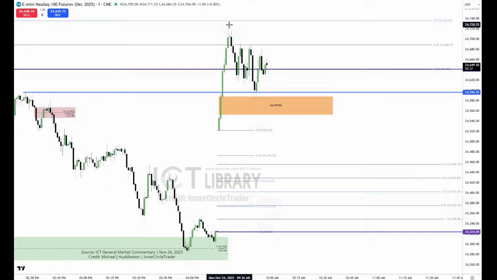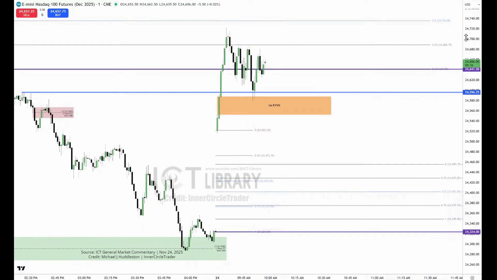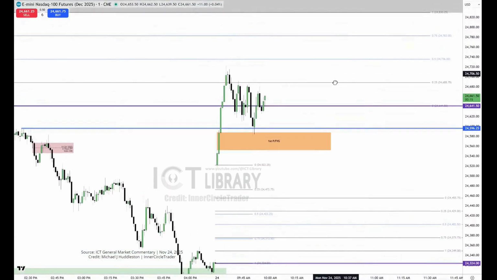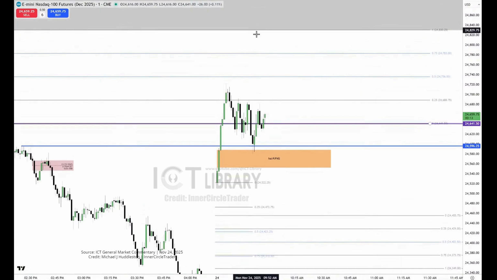And by having that reference point, what you'll be able to determine is which one does it run for next? What's the benefit of that? It helps you trade the silver bullet that forms in the 10 o'clock hour. So if we run up and take this out here, then what we would want to do is see it stay running towards that balanced price range I showed you on the hourly chart.